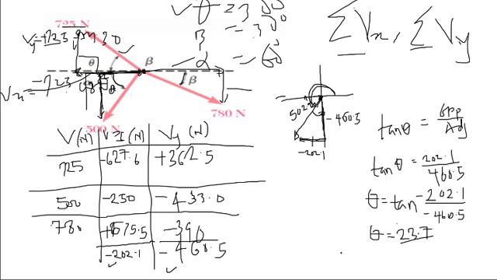So the angle of the vector, which is this particular angle here, is equal to 270 minus 23.7. What is the answer? The answer is equal to 246.3.